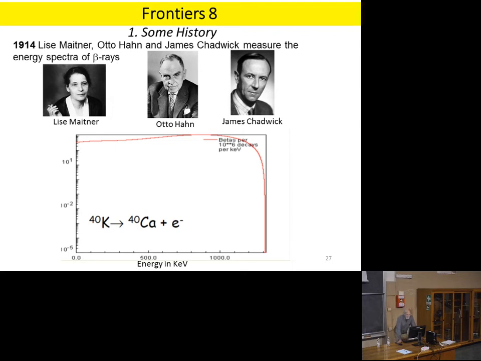Okay, then we came to the first history, which started to need something that wasn't explained. And in 1914, Lise Meitner, Otto Hahn, and Chadwick studied the decay of potassium-40 into calcium-40 and an electron, and got a distribution that's shown here.